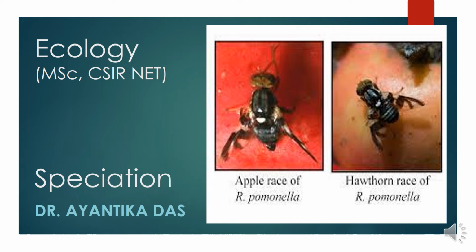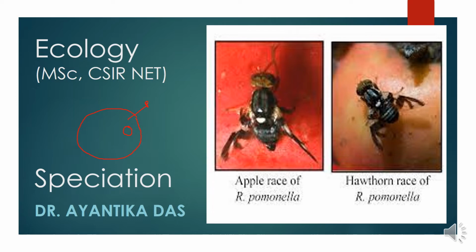Speciation. Speciation is the formation of a new plant or animal species. When there is a very large population, and from that large population very few organisms develop certain unique characters that separate them from the parent population.